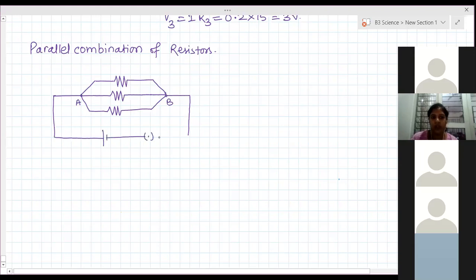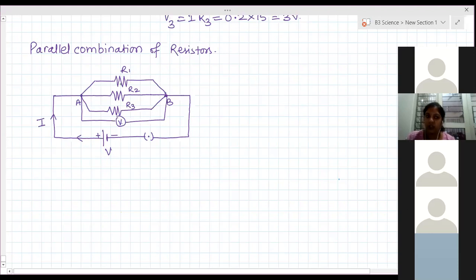Here the three resistors R1, R2 and R3 are connected in parallel across a potential difference of V. Current flowing through them is I. When all three resistors are connected across two points A and B, the potential difference measured at these two points will remain V. If we connect a voltmeter, the voltmeter reading and the battery's V reading will be the same.